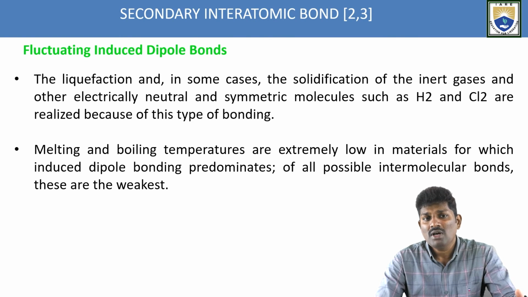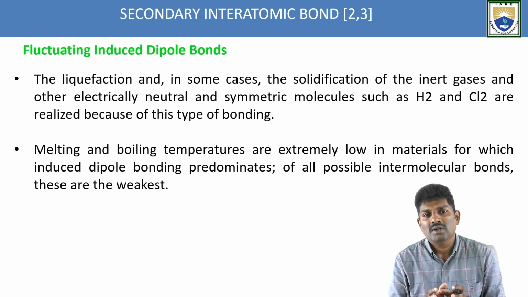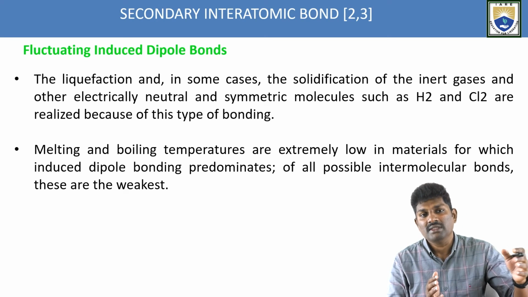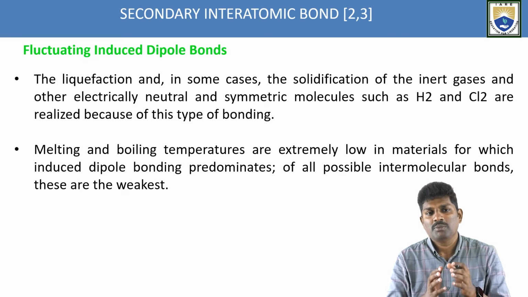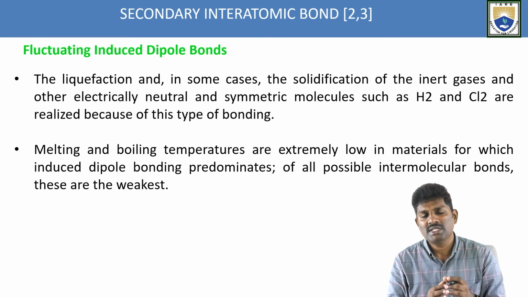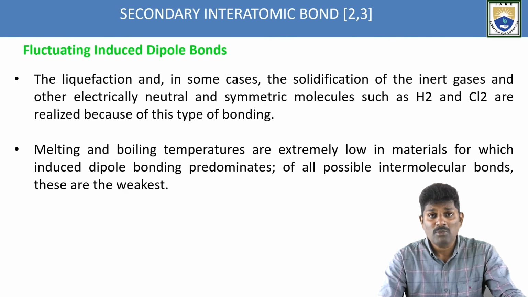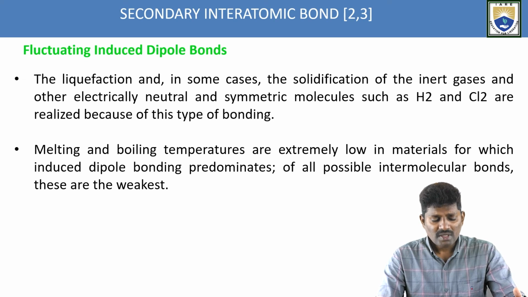Why? Because during this liquefaction and solidification, the orientation of the nucleus is differing. It is drifting to another position. So because of this drift, the change in the position, there is a very low value of your bonding energy. So melting and boiling temperatures are extremely low in materials for which induced dipole bonding predominates of all possible intermolecular bonds.